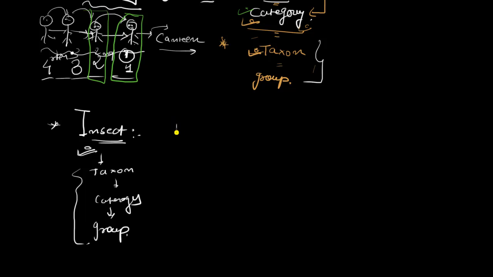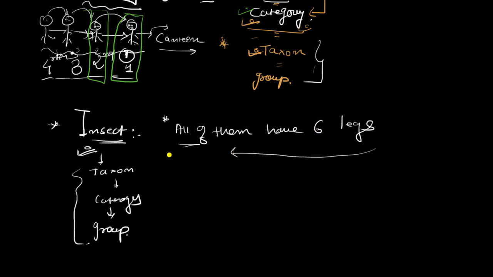For example, all of them have 6 legs. This is one characteristic we have observed, and by observing that these living beings are similar, we have put all of them together in one group called insect. So this is how you classify organisms on the basis of different similar characteristics.